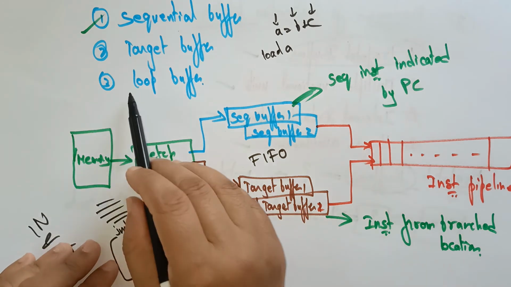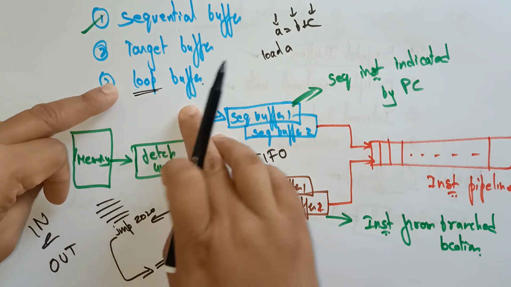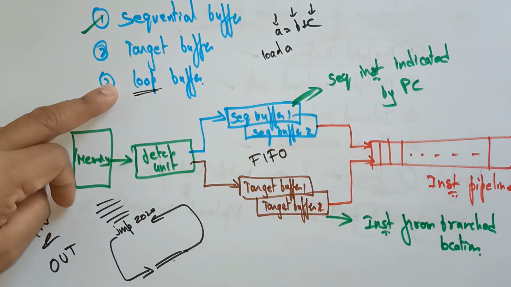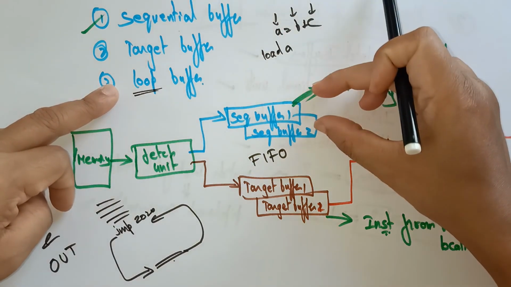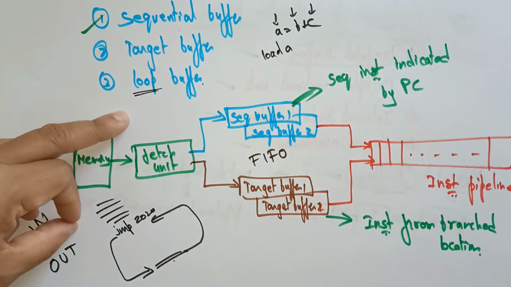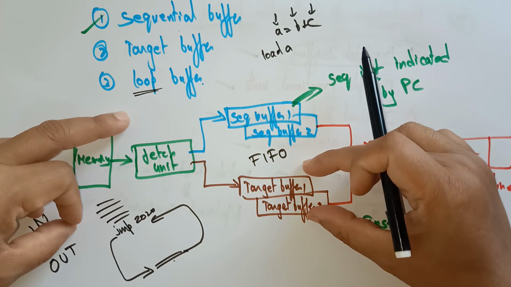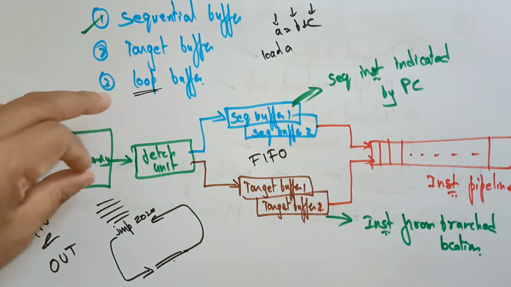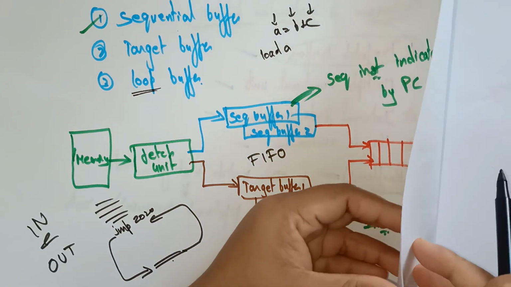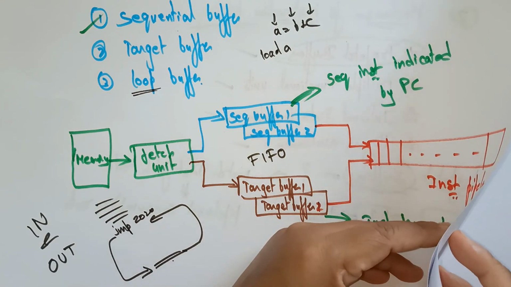And coming to the loop buffer, what do you mean by this? In the sequential buffer, instructions are stored in a sequential manner. Target means whenever conditions arise, that information will be stored in the target buffer. And a loop buffer holds sequence instructions. Let me write that point so that you will get an idea.